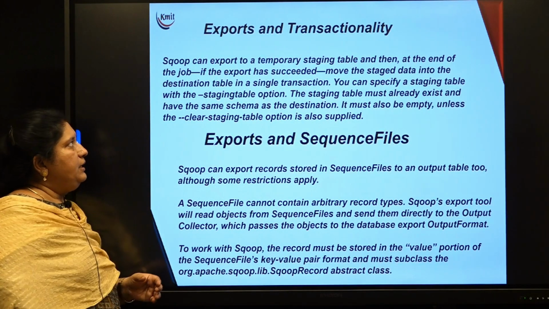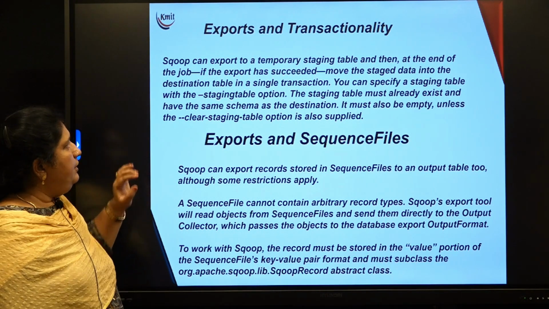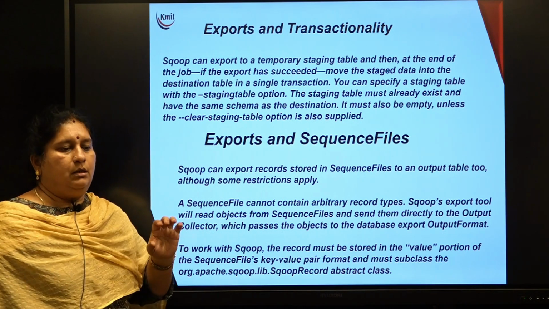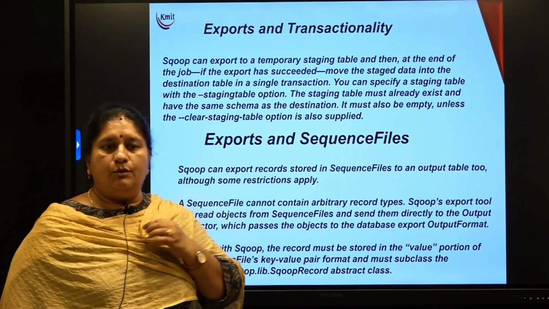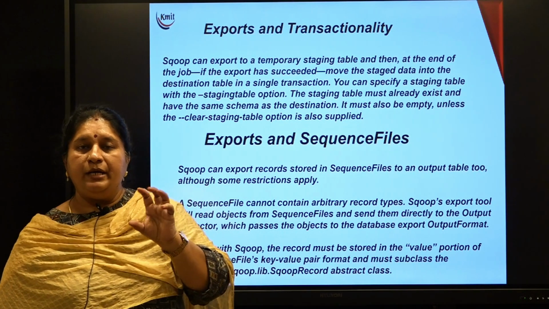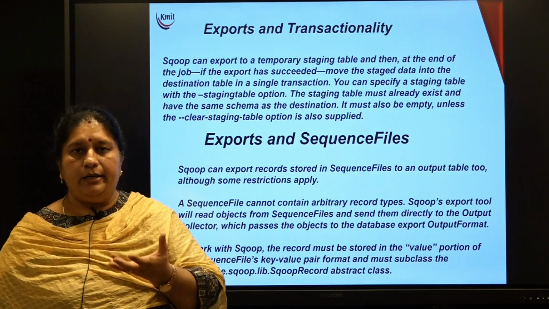And whenever we are working with exports, how is transactionality ensured? Whatever records it reads from the text file are not immediately loaded into the actual table, but are temporarily put into a table called the staging table, an intermediary table.